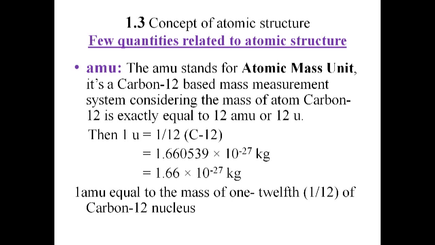It's a carbon 12 based mass measurement system, considering the mass of carbon 12 is exactly equal to 12 AMU or 12 U. That means 1 AMU is equal to the mass of 1/12 of a carbon 12 nucleus, which is 1.660539 × 10^-27 kg, or approximately 1.66 × 10^-27 kg.